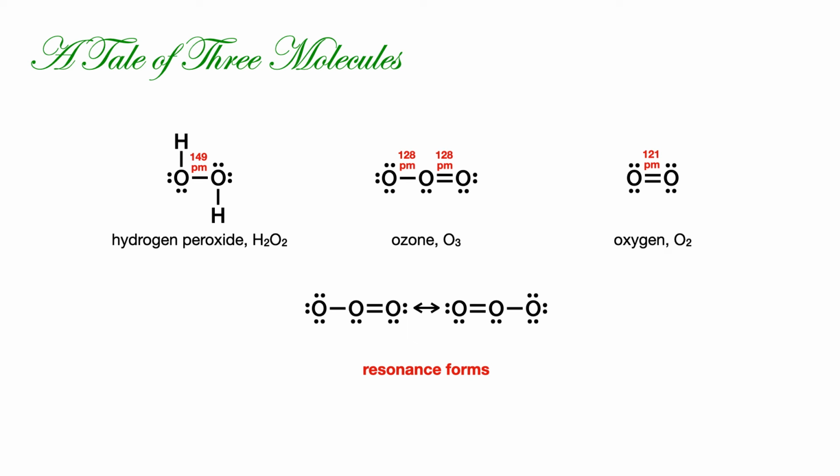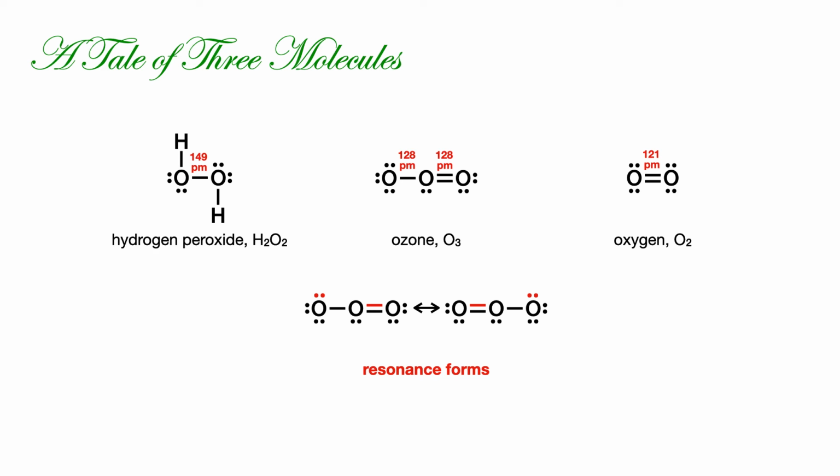And another thing that's going on in a resonance picture like this is that some electrons are lone pairs that are localized on a single atom. Some of the electrons are bonding pairs that are being shared between 2 atoms. But 4 of the electrons in this picture, and here I'm highlighting them in red, are actually being shared by all 3 of the oxygen atoms.